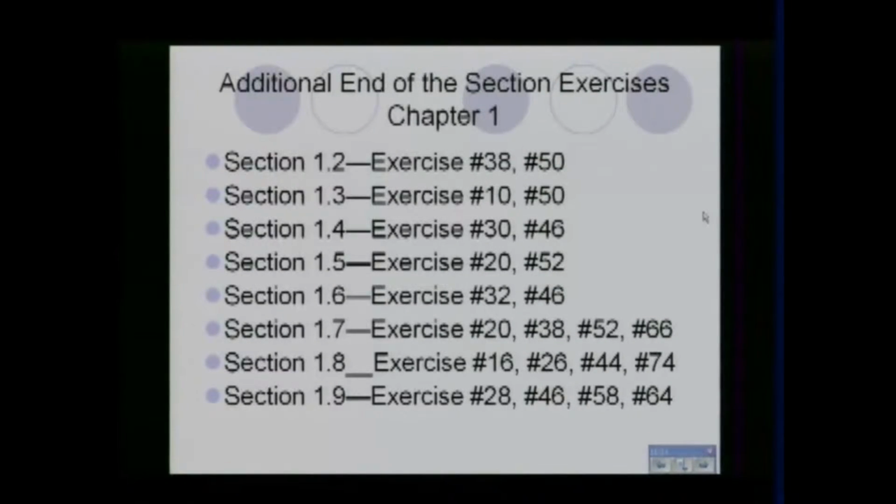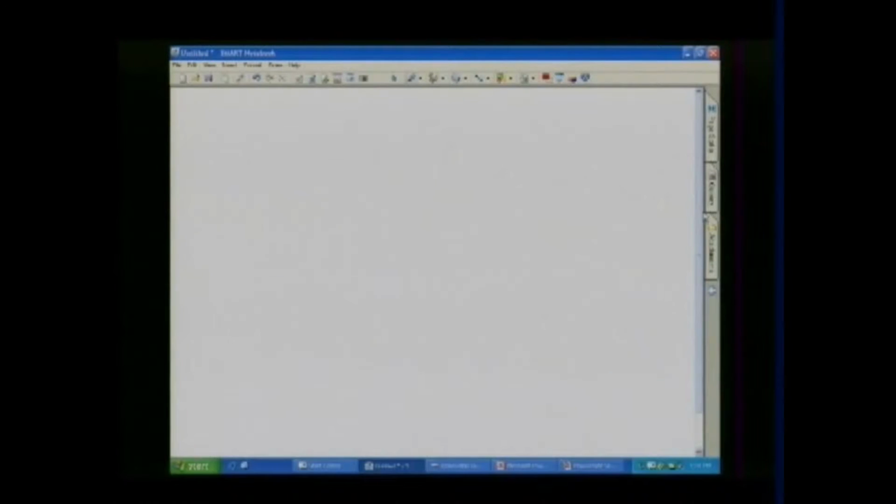If you're ready, we go ahead and start with section 1.2, problem number 38.